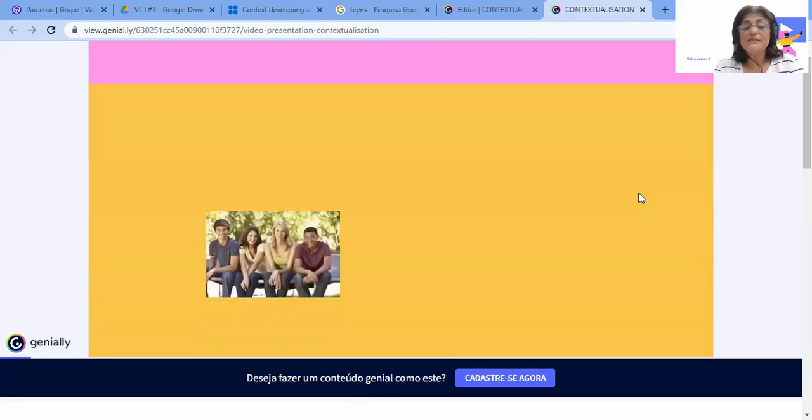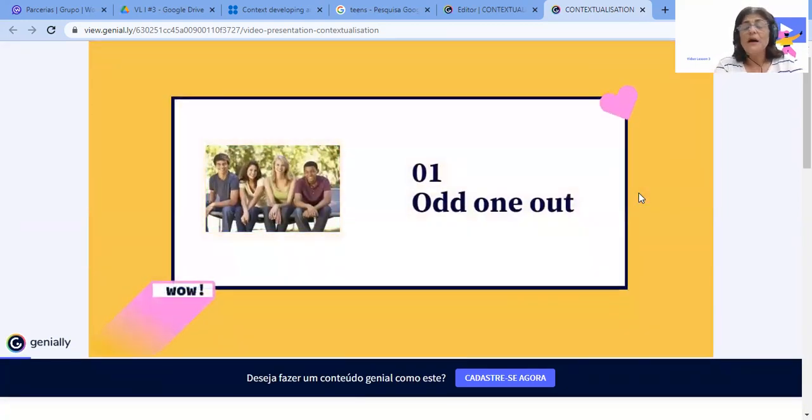The first one is odd one out. Odd one out is about excluding one of the activities, one of the words, one of the sentences from a group. So an example is write up an expression, for instance, that's none of your business, on the board, and supply 4 different situations. Students have to identify in which situation the phrase would be inappropriate.